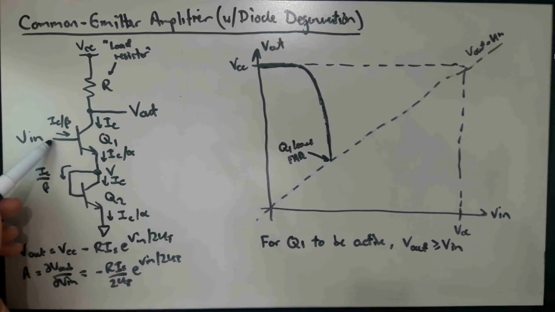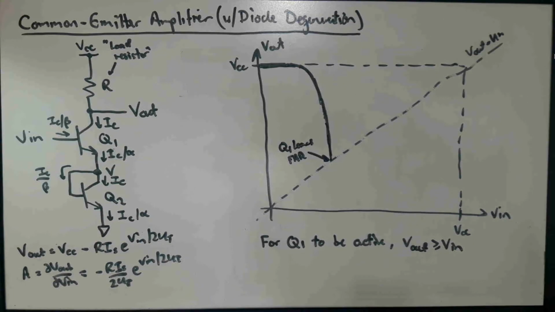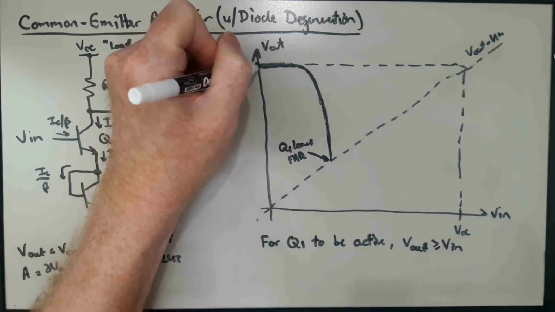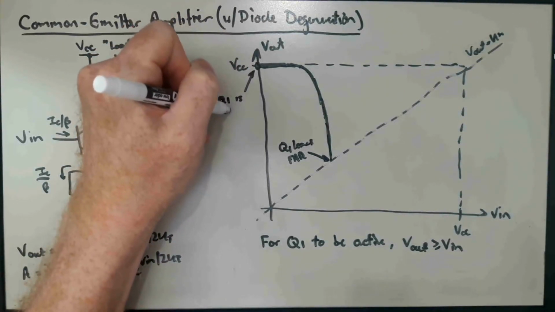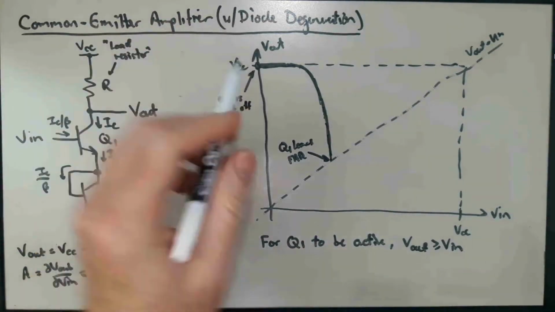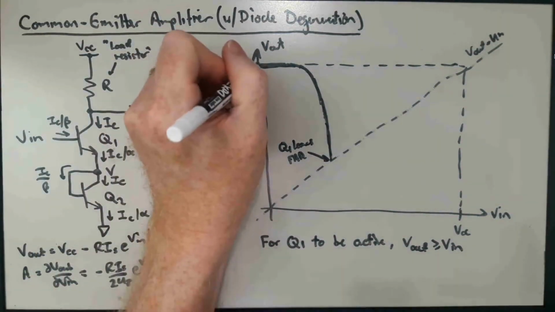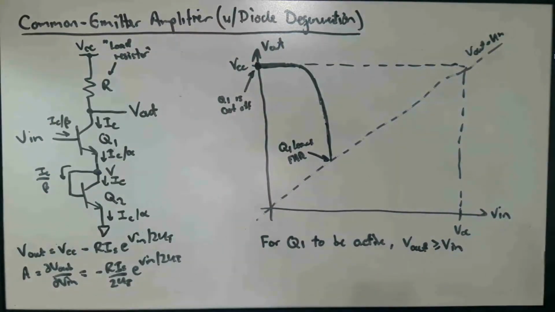But when Vn is equal to V is equal to 0, we have both the collector-base junction being reverse biased and the base-emitter junction being reverse biased. And so both junctions being reverse biased means the device is formally in the cutoff region. So Q1 is cut off at that one point. So at this one point, Q1 is cut off.